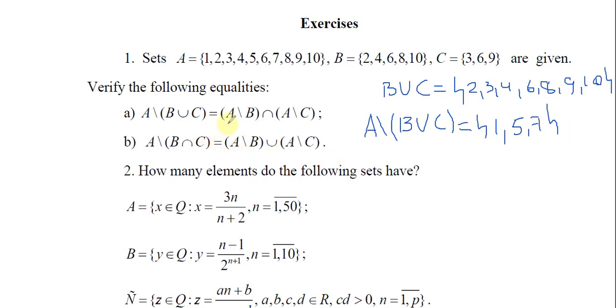And now the right side. A minus B is 1, 3, 5, 7, and 9.